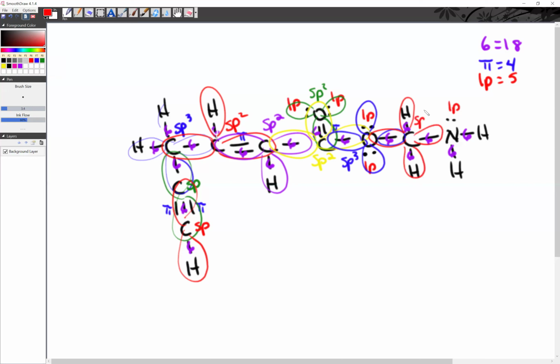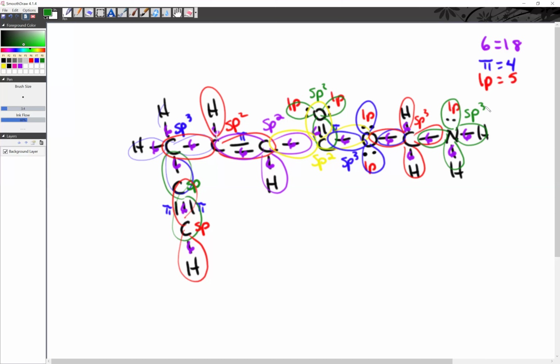So that one's sp3. The nitrogen has 1, 2, 3, and 4. So it's sp3. All right, so take home message. The family is also the hybridization. Okay, so the family is also the hybridization.